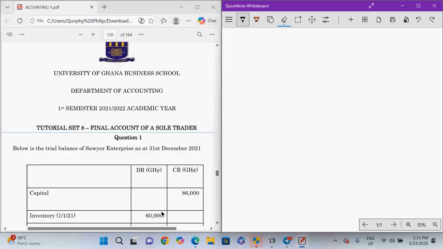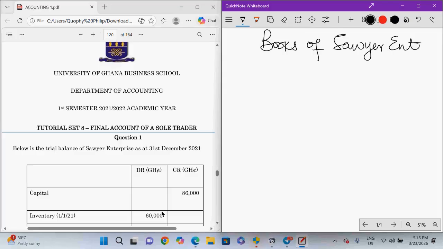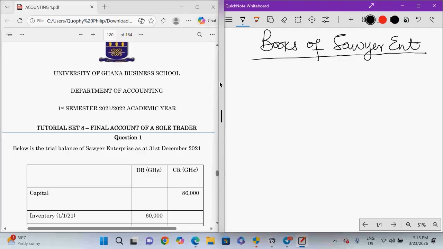So in the books of SOA Enterprise, underline, you get a tick for this. If that question you cannot do, just write this and give your paper to the regulator. You just get a tick and then get 0.